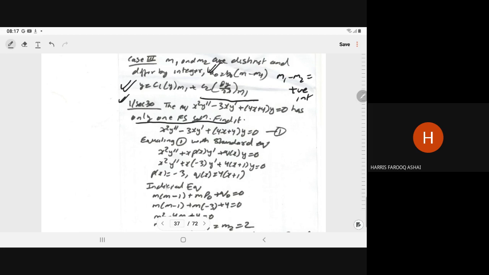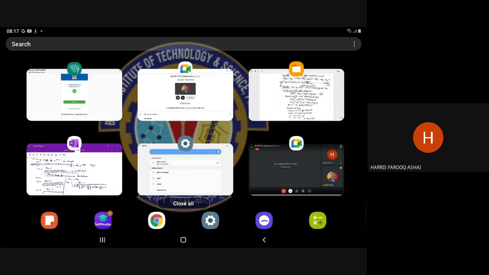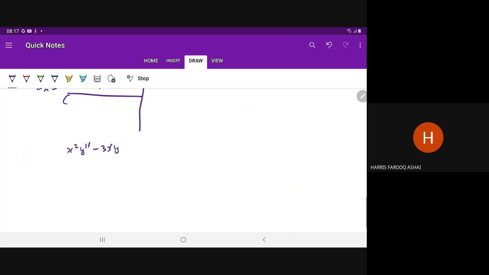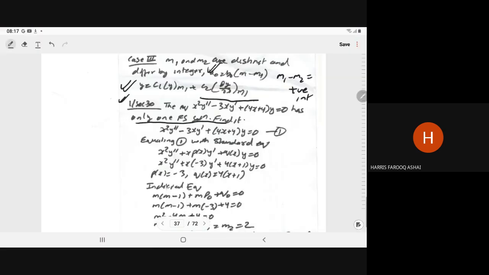So in this case, we have the equation x squared y double dash minus 3x y dash plus (4x plus 4) y equal to 0.